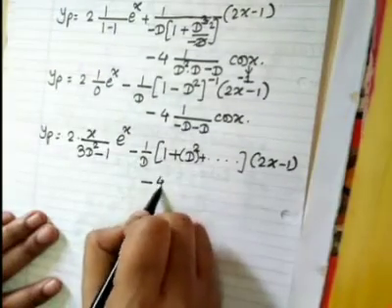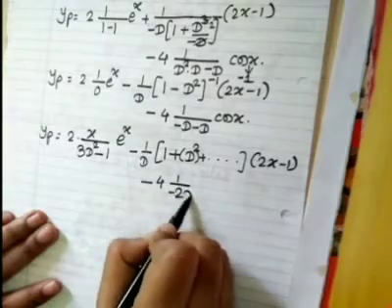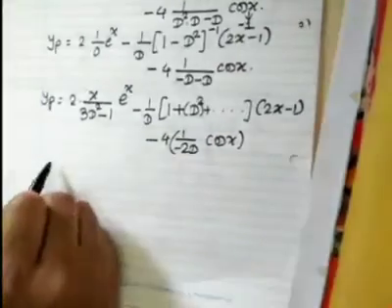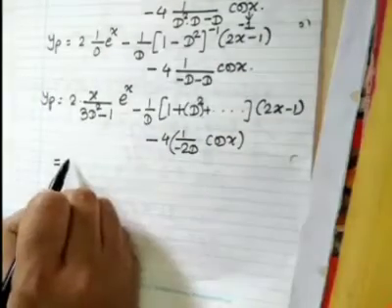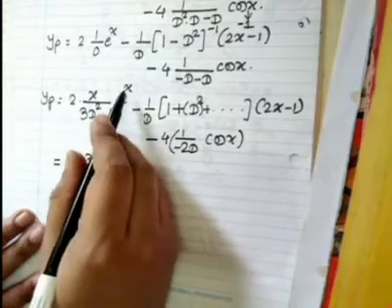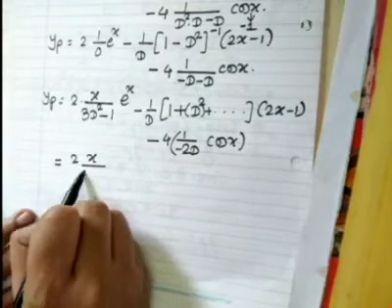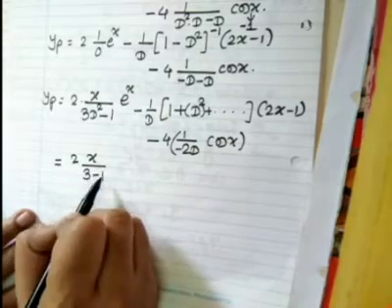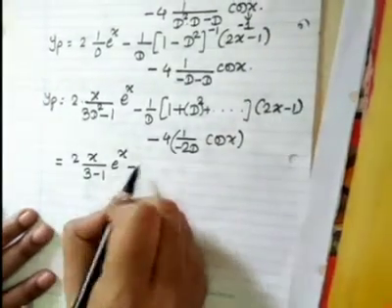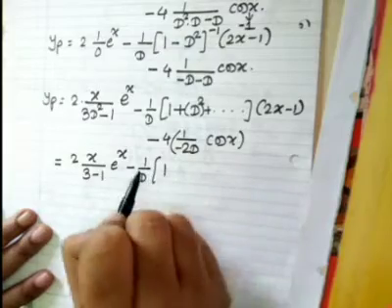Minus 4 minus d minus 2d into cos x. That is 2x upon, this is the e case, so whatever is the power of e we put in d. So this is 3 minus 1, 2 cancel, e raised to x, minus 1 upon d into whatever will survive, I'll write it.